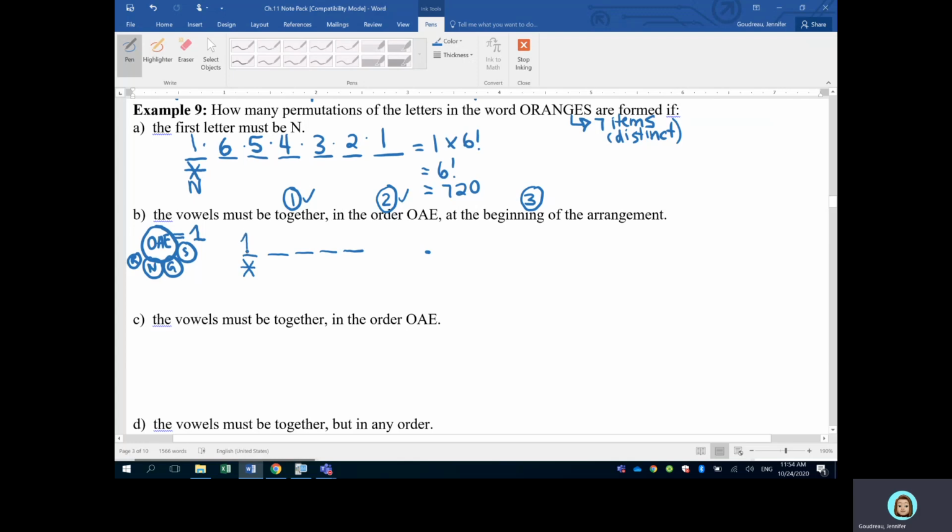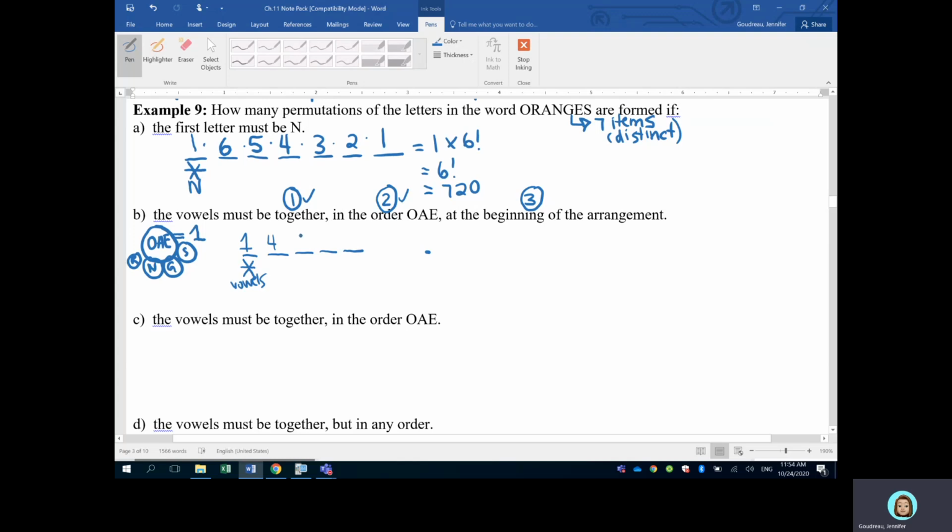So I only have one option here. It has to be the vowels. The vowels are counting as 1 unit, so 1 choice there. The remaining blanks are for the remaining letters, which are our consonants. We have no restrictions, so I can use any of the 4 consonants in the next blank.